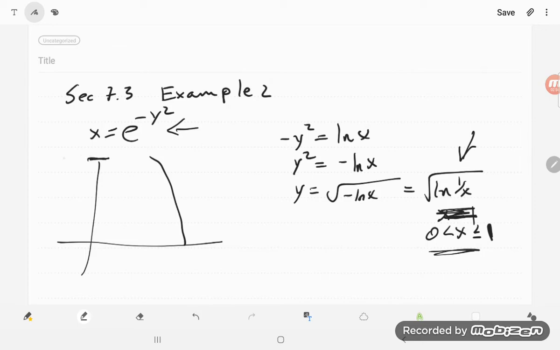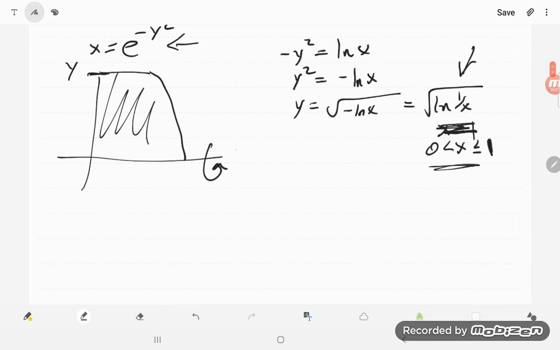And they would like this area here, all in there, to be rotated around the x-axis in example 2. And again, you could make a disk, but we're not going to, because this example is for the shell method.